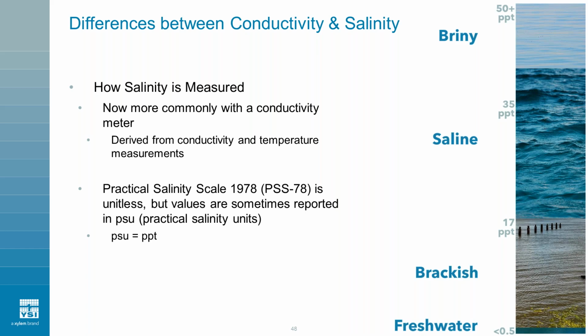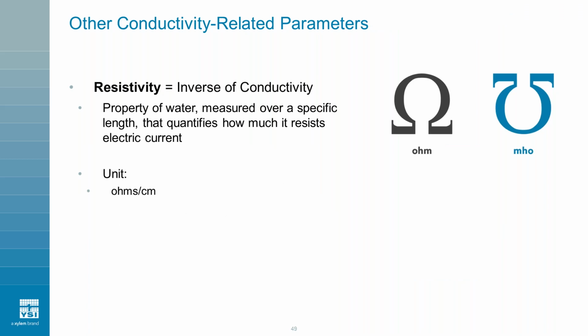Also, it's become more common to report based on the practical salinity scale. This reporting is actually unitless. However, some equipment will apply the unit PSU. So for our purposes, PSU is equivalent to PPT for measuring salinity.